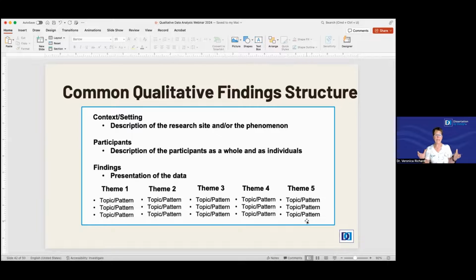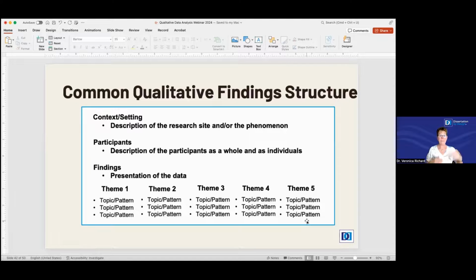And then I look at the representation of the data, in this case, our themes, okay? This is where our writing structure and our analysis really merges, because now I want to be thinking about which theme makes sense to put first? Which theme makes sense to put last?